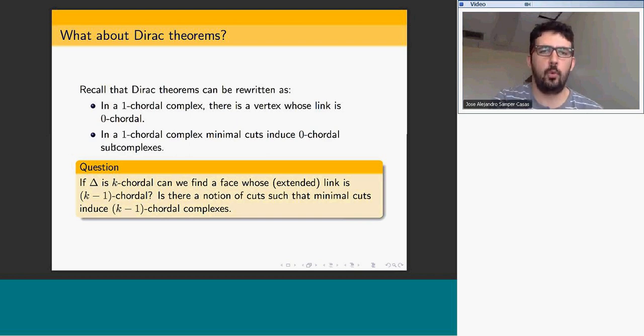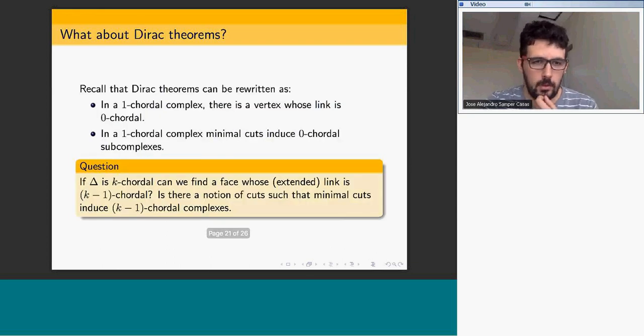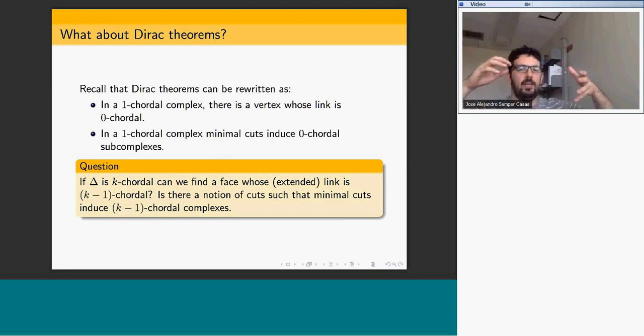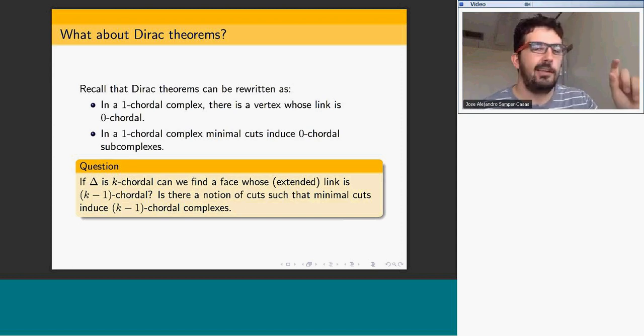I want to ask what the analog of Dirac's theorem is for complexes. Well, if I have a k chordal complex, can I find a face or a low dimensional face, I'm going to make this more precise a little bit later, whose extended link, or the appropriate notion of link, is just one chordal?